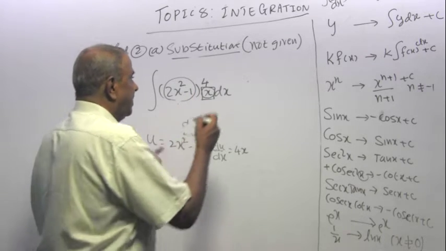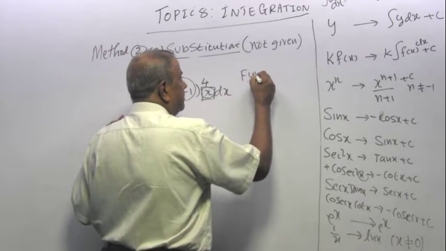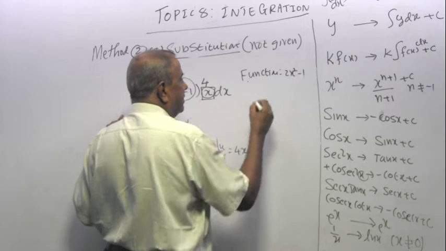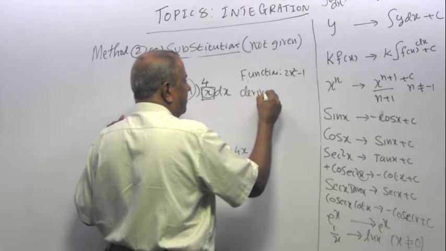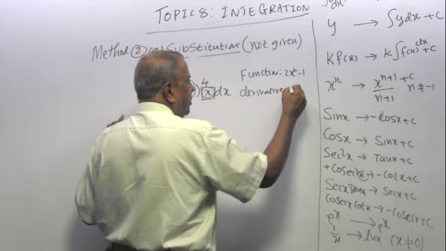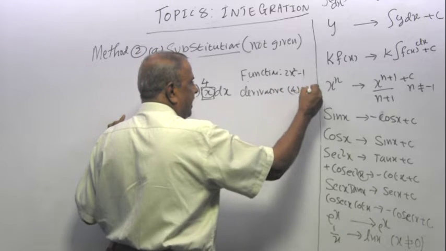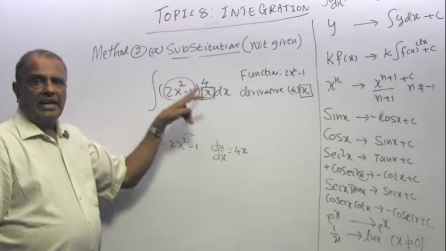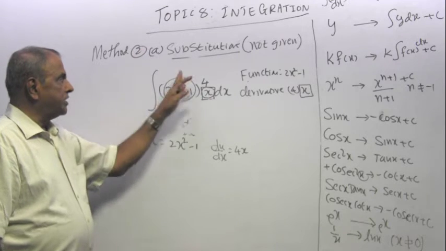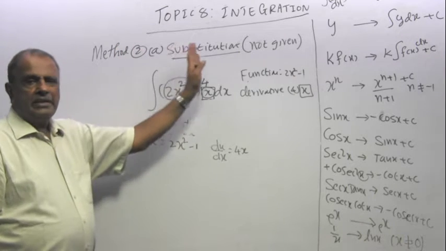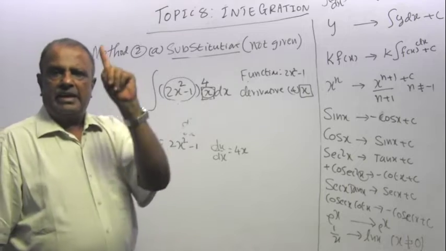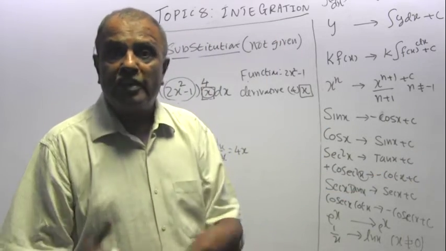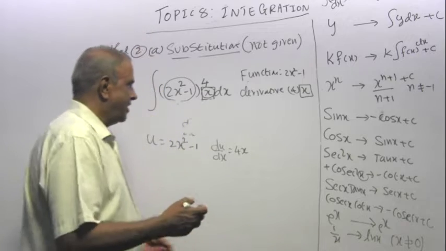Then we say we have a function which is 2x squared minus 1 and its derivative which is 4, I'll put that in brackets, x. You look at the variable x is there and I have the variable. So the question has a function and derivative.